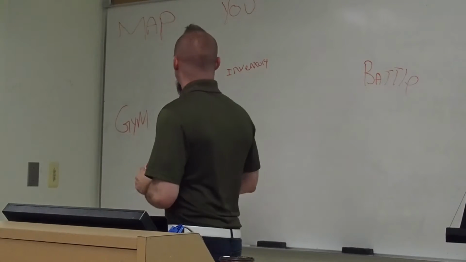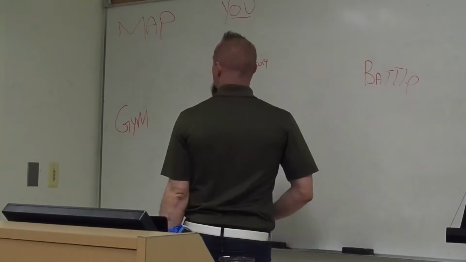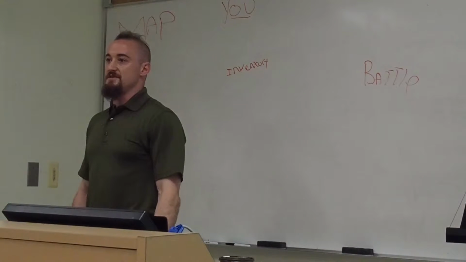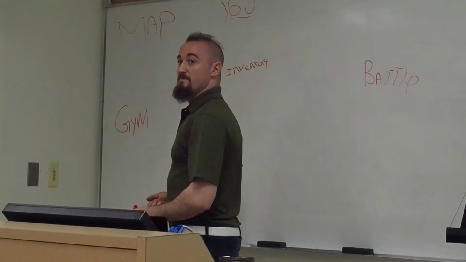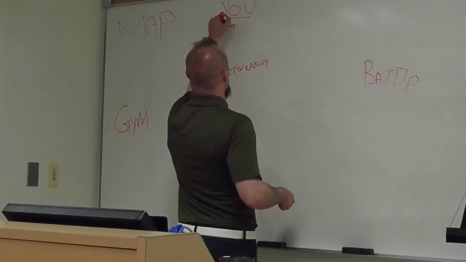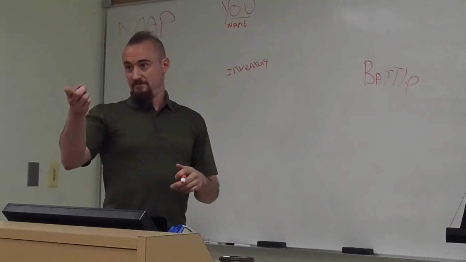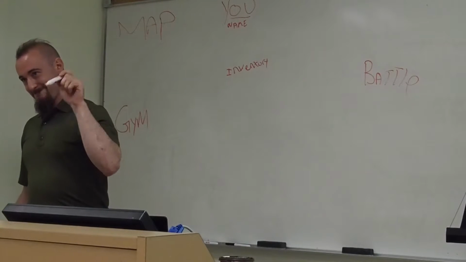Now let's look at you. We don't have to go too deep, but let's list a few properties, fields. You have a name, right? The avatar has character customization, so your avatar actually has a design.